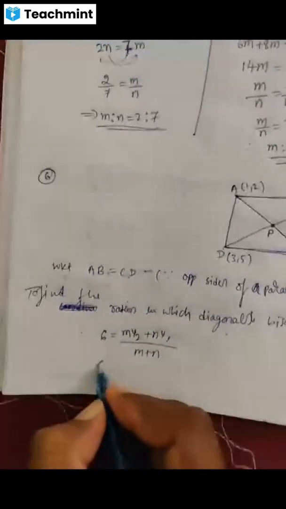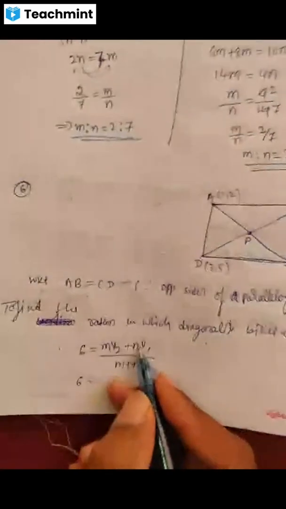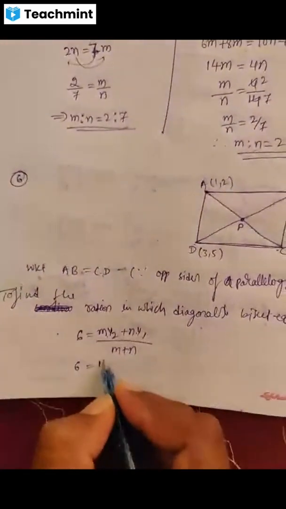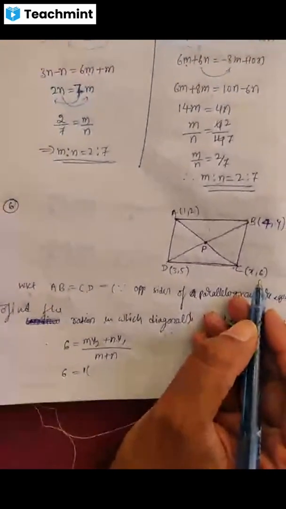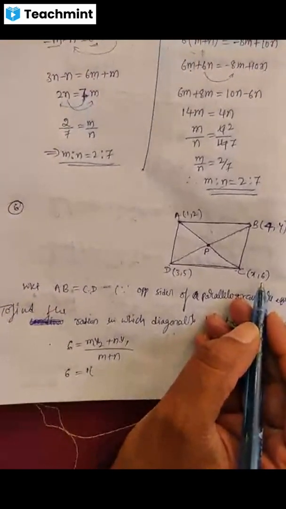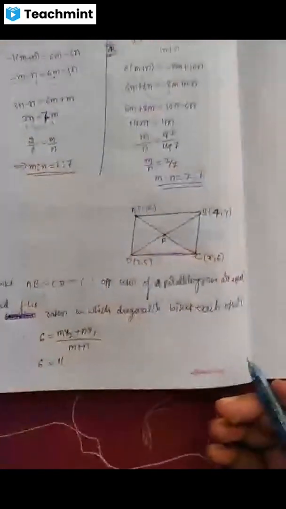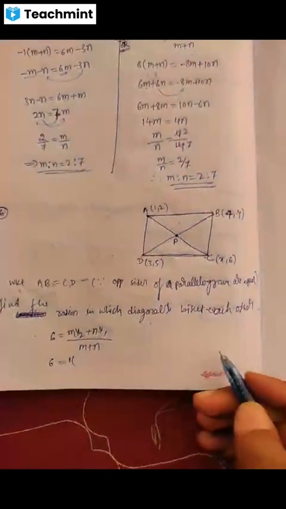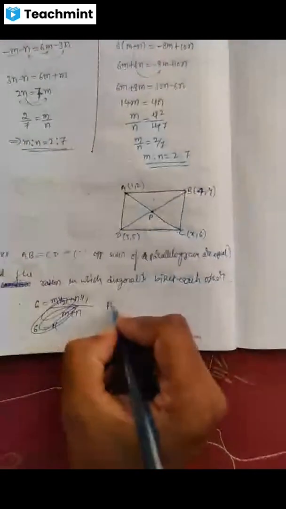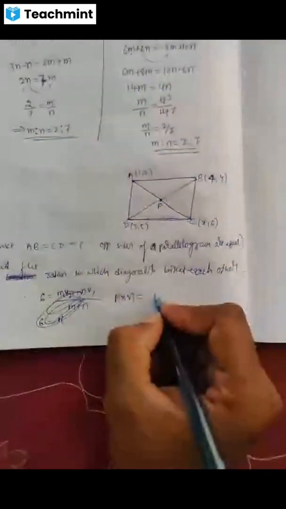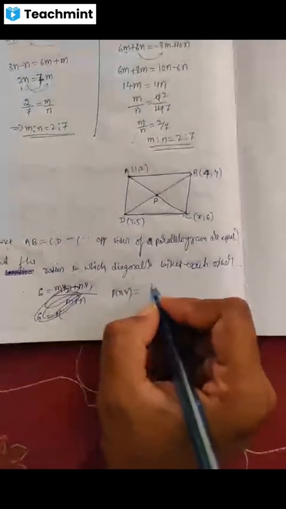Here m and n are the same ratio, so the y coordinate of P is y equal to (y2 plus y1) by 2.